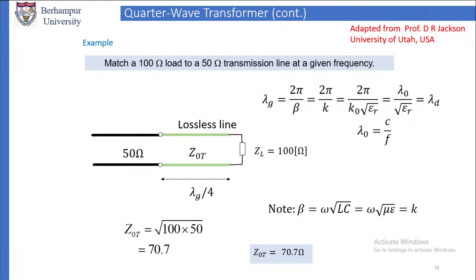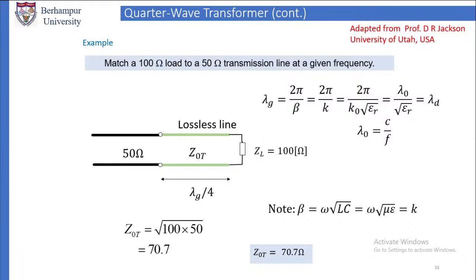Anyway, here it will be 2π by k0 root over epsilon r. 2π by k0 is lambda 0. So it is lambda 0 by root over epsilon r. What is lambda 0? Lambda 0 is the free space wavelength, that is equal to c by f. c is the speed of light, f is the frequency. So if you know the frequency at which you are matching, then you can find out lambda 0.